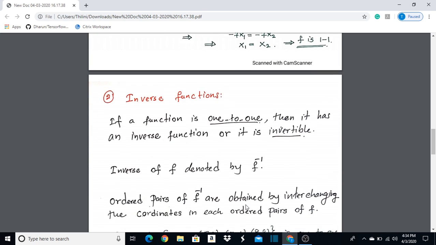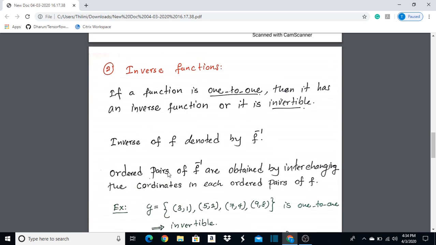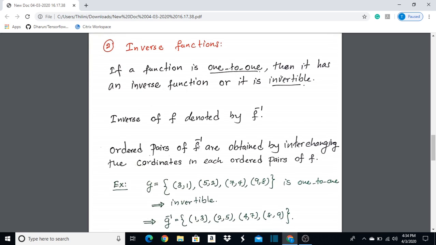Now we can go to inverse functions. If a function is one-to-one, then we say it has an inverse function, or we call it invertible. The inverse function we denote by f inverse, like this, f to the power negative 1, and the ordered pairs of f inverse are obtained by interchanging the coordinates of each ordered pair of the function f.